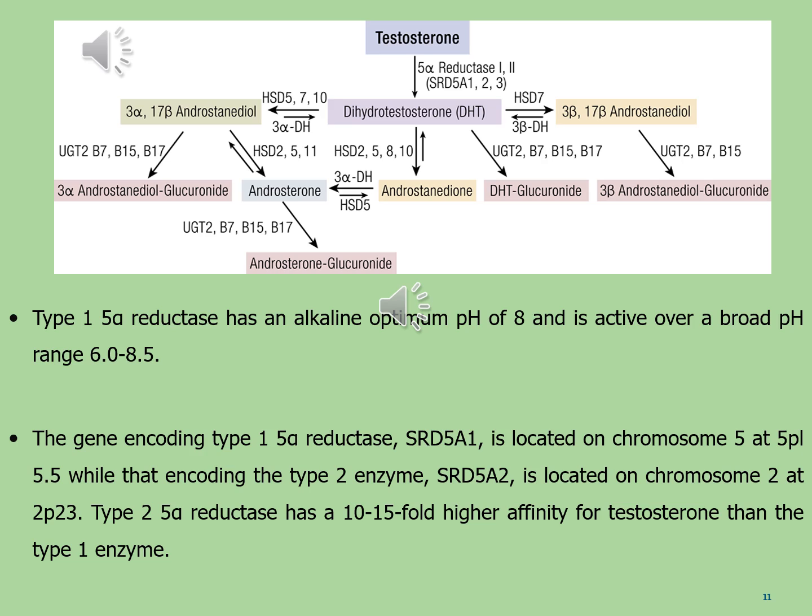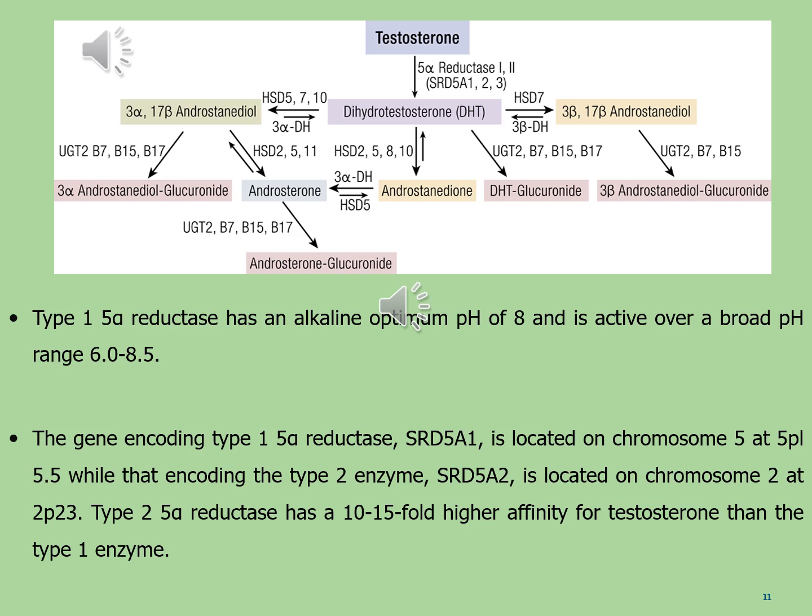After that, 3-alpha 17-beta androstanediol gives 3-alpha androstanediol glucuronide by the effect of enzyme UGT2, B7, B15 and B17, and also gives androstenedione by the effect of enzyme HSD2, 5 and 11.